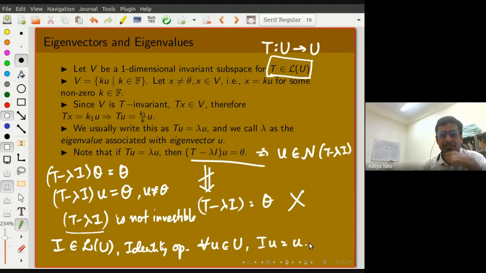So then what can we say about T minus lambda I? Is it a square matrix? It's not a square matrix necessarily, right? Because it depends on what sort of vector space you are given.